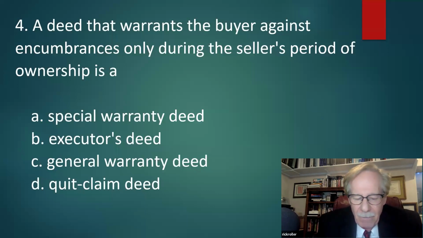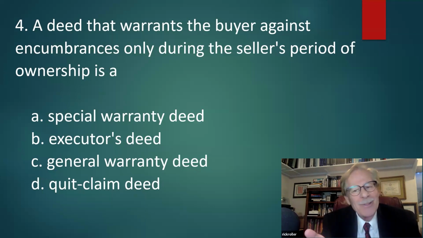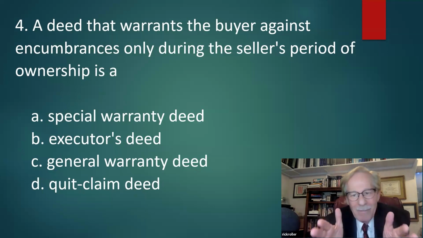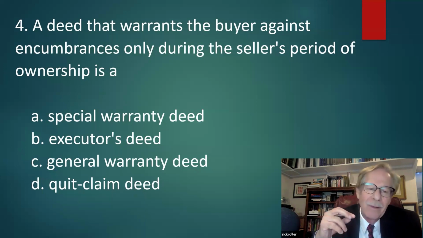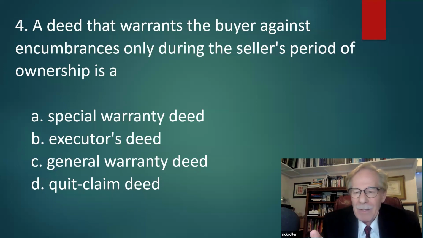That is a very favorite deed with banks, because if they foreclose on a property, they're not going to warrant anything except for the little short period of time that they actually had it. That would be a special warranty deed, which is answer A. So a special warranty deed only guarantees against encumbrances during the time that the seller owned the property. That might be months, might be years, I don't know. But answer A for number 4.